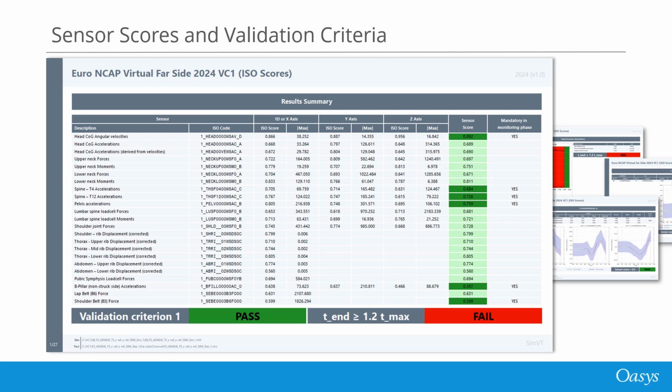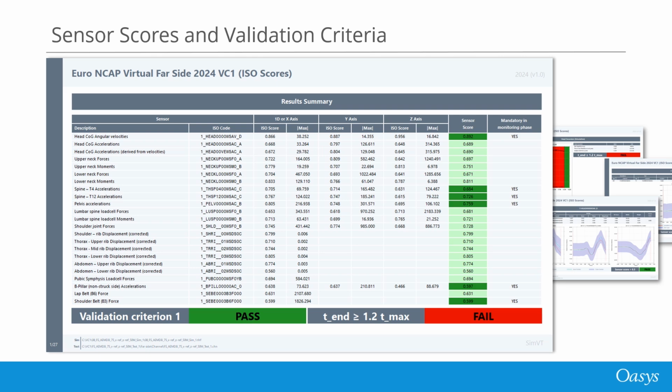The mandatory and monitored sensor scores are all passing validation criteria 1, but the simulation duration check has failed because LS-DYNA terminated before the required 20% beyond the time of maximum head excursion. This tells the CAE team that they need to run their simulation a bit longer before the results can be accepted.